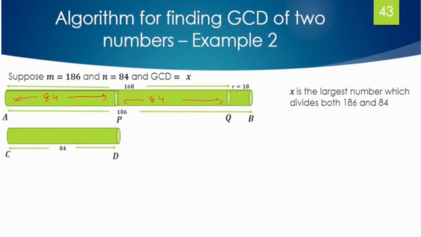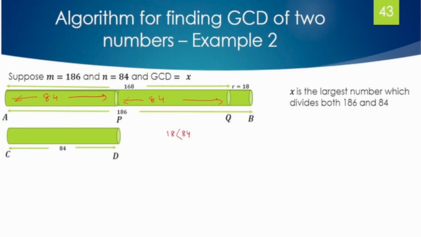There are still 18 units pending, but 18 is less than 84, so in this length we cannot cover any more CD, and the length 18 will remain as it is. So what we have finally found is that you cannot cover the entire AB with the help of CD. Some length will be left over that cannot be occupied.